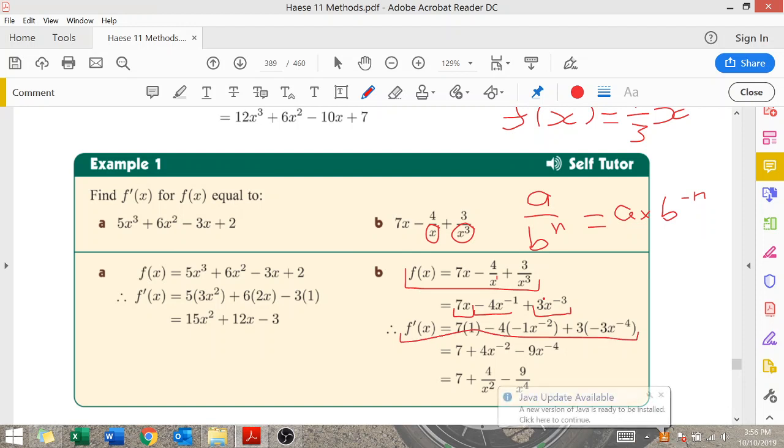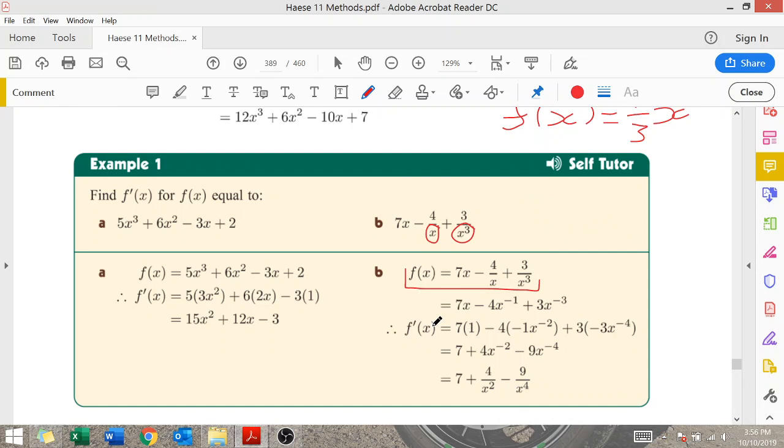So then we need to get the derivative. So here's the derivative. We need to split it into 3 bits this time. 1, 2, 3. And get the derivative of each of those mini functions. Okay, so first of all, let's get the derivative of 7x. You can now apply this yourself. We're going to get 7 times 1.